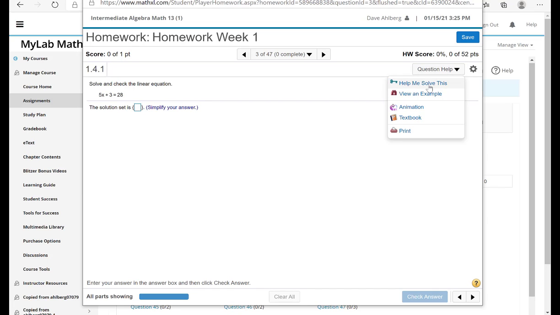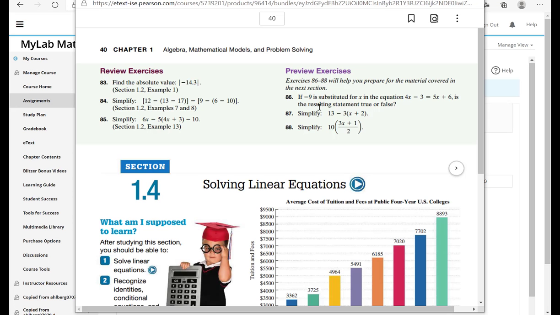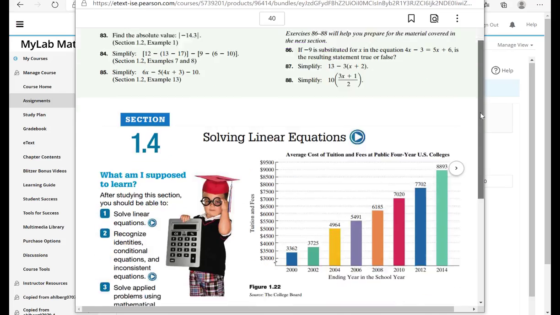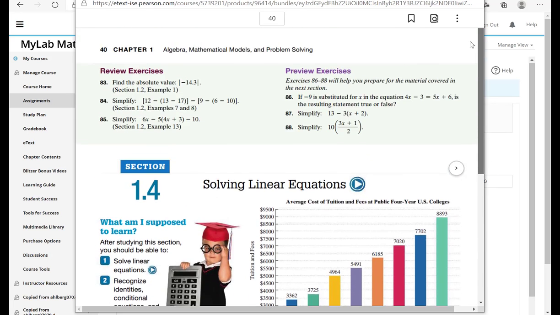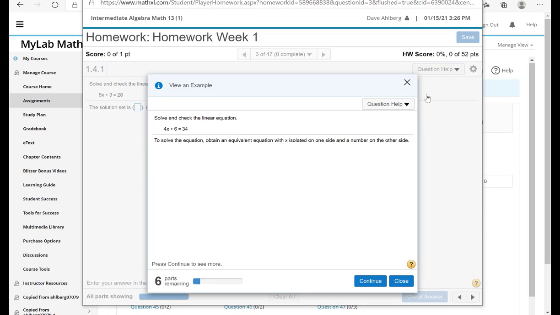You have help me solve this, view an example, or go to the textbook. And it pops you right into the textbook, right into how to solve linear equations. View an example. Let's look at view an example. So here's an example. It's pretty close to the original, so continue.